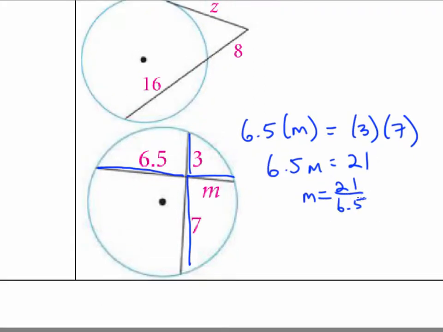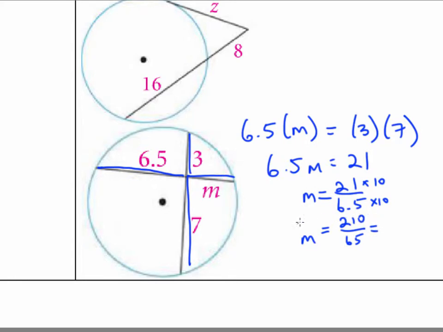Now that's a little bit ugly, so let's clear out this decimal by multiplying numerator and denominator by 10. It's going to be 21 times 10 is 210 over 65. Okay, we can do something with both these guys.